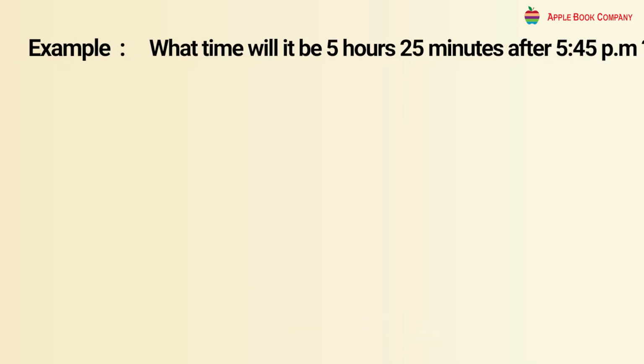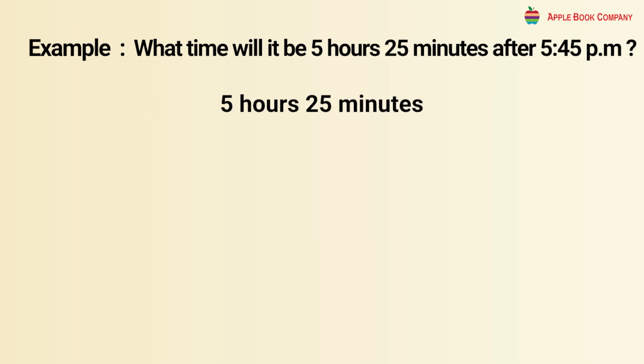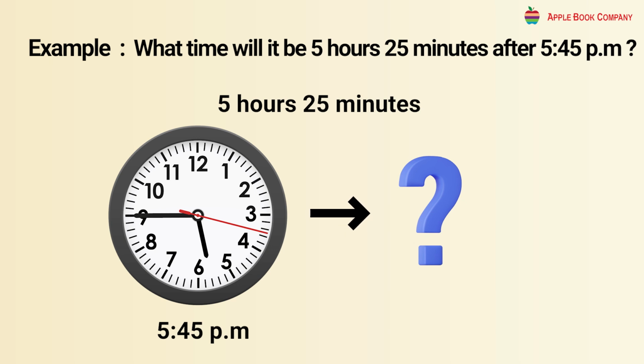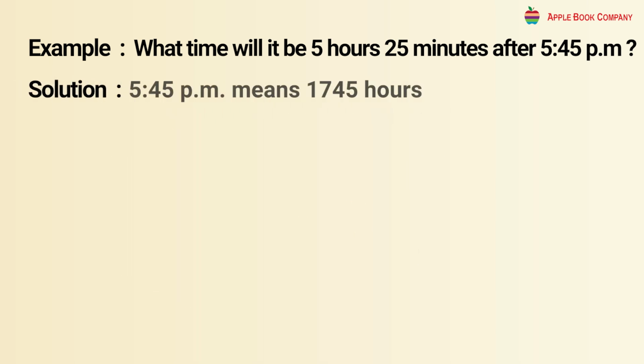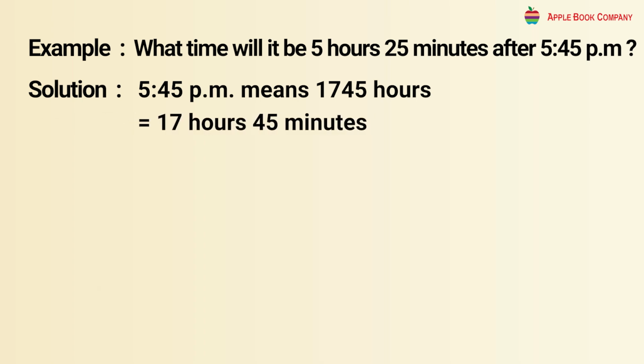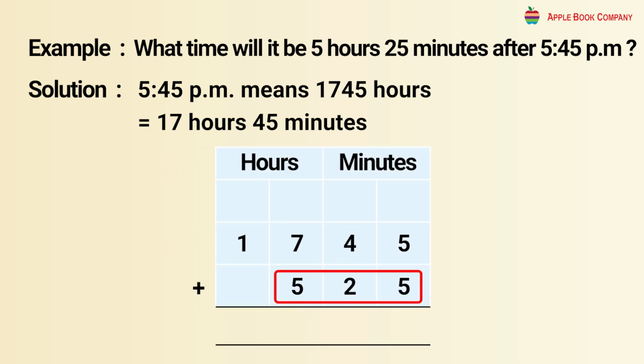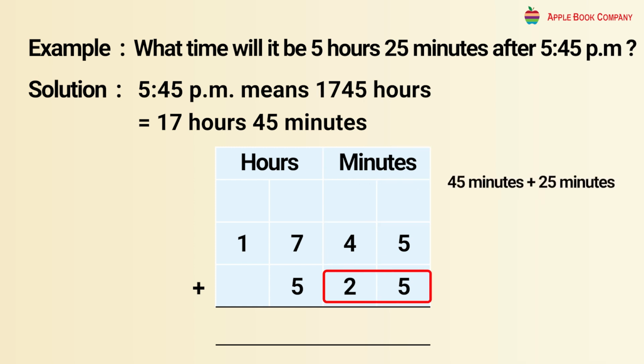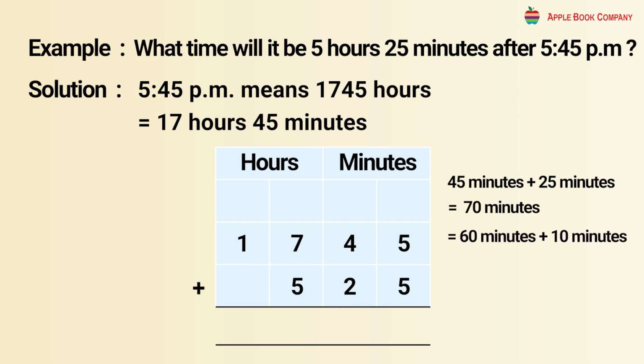Example, what time will it be 5 hours 25 minutes after 5:45 p.m.? Solution. We know that 5:45 p.m. means 17:45 hours, 17 hours 45 minutes. Add 5 hours 25 minutes to 17 hours 45 minutes. Adding minutes. 45 minutes plus 25 minutes equals 70 minutes equals 60 minutes plus 10 minutes equals 1 hour plus 10 minutes.